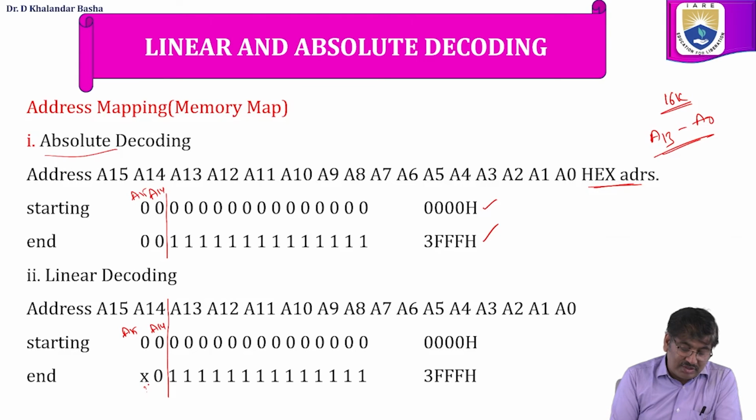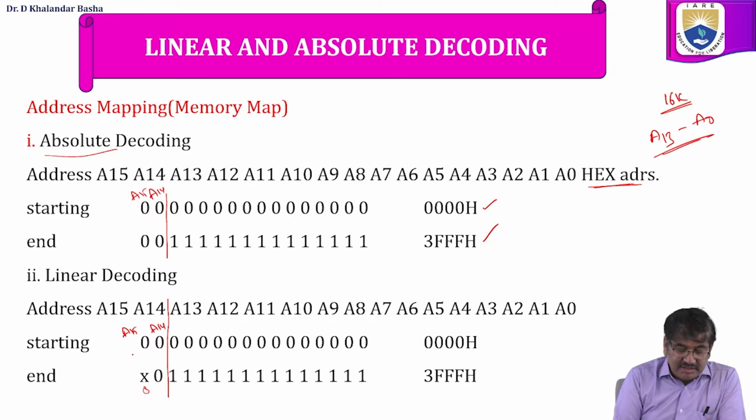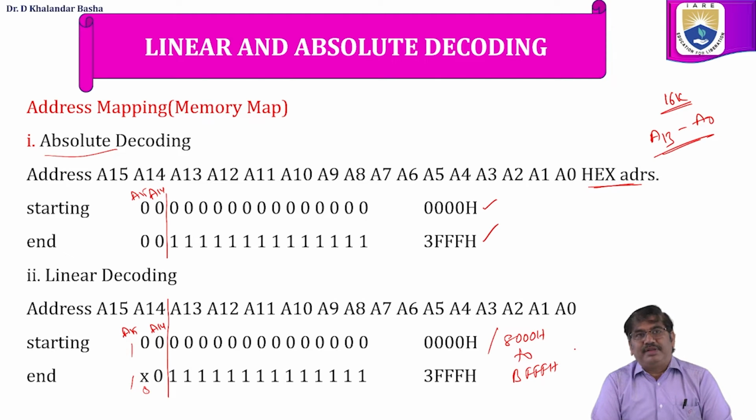In this example, the X value we are taking as 0, but it can be changed to 1 also. Then A14 is 1 and A15 is also 1, and then my address will become 8000H to BFFFH. This is the address map in that case.